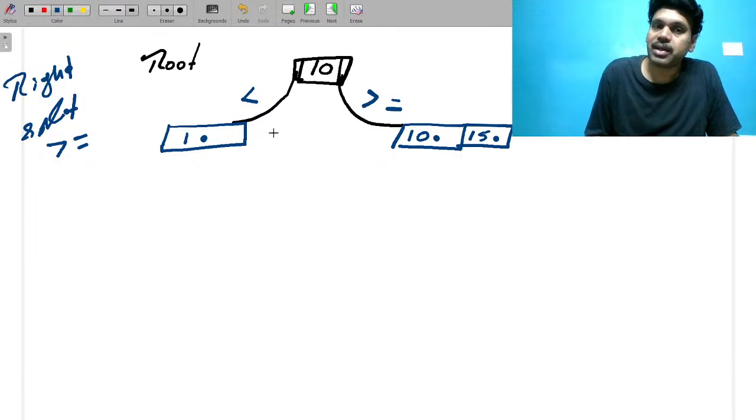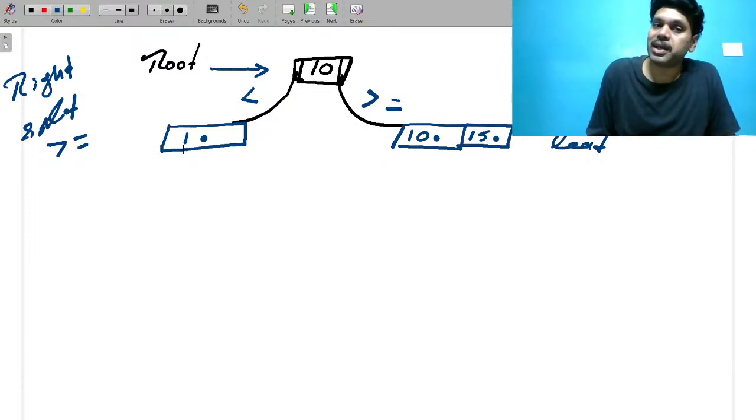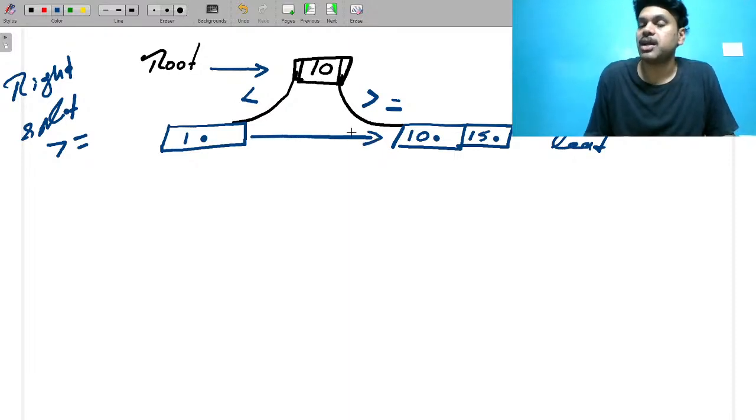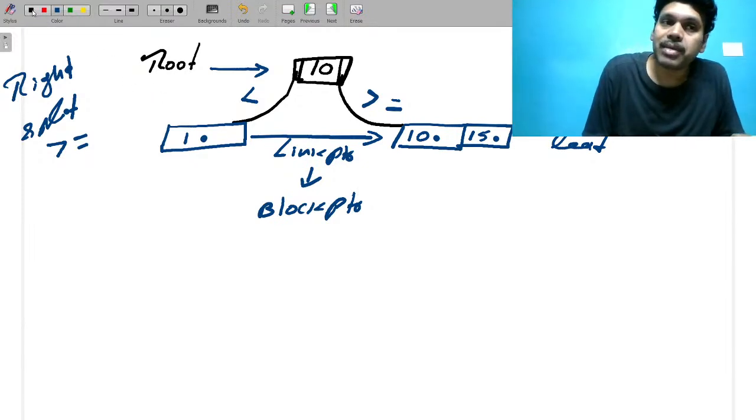My dear friends, this is your leaf and this is your root. So the root is going to maintain only block pointers and keys, and the leaf is going to maintain keys and record pointers and a link pointer to link this block and this block. So this is called a link among the blocks, called a link pointer, also called a link among the two leaves.